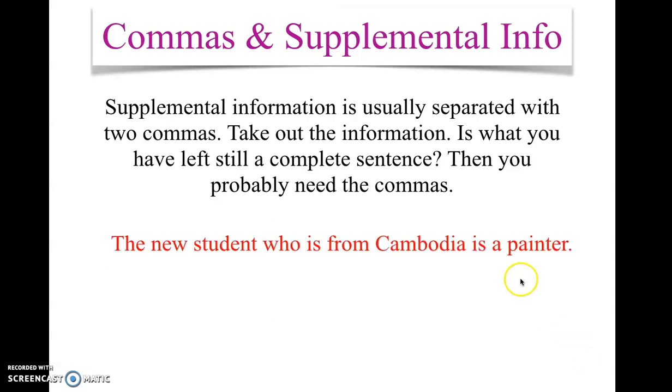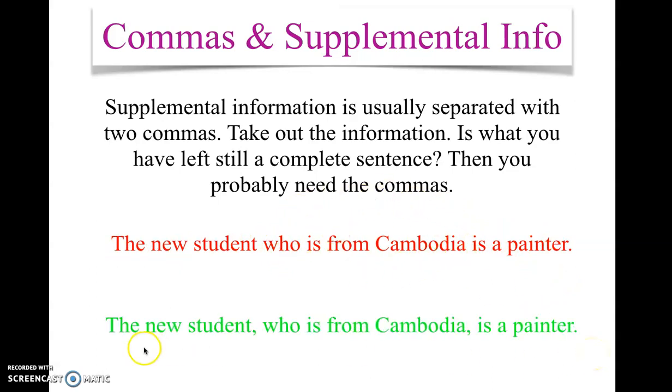The new student who is from Cambodia is a painter. This is the supplemental information. If we take this out, the new student is a painter is a sentence. So this then must go inside commas. The new student, comma, who is from Cambodia, comma, is a painter. Okay?